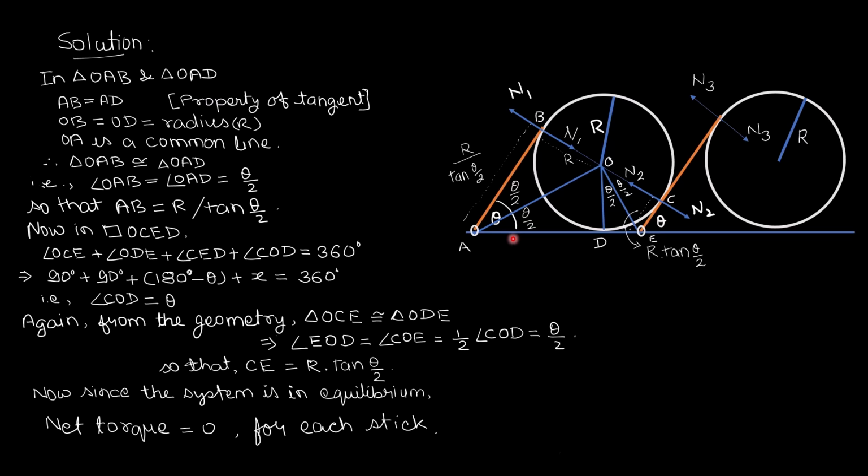Now, if we look at quadrilateral OCED, angle OCE plus angle ODE plus angle CED plus angle COD is equal to 360 degrees. As we can see from this picture, angle OCE is equal to 90 degrees and angle ODE is also equal to 90 degrees, and angle CED is equal to 180 minus theta. Let the angle COD be equal to x.